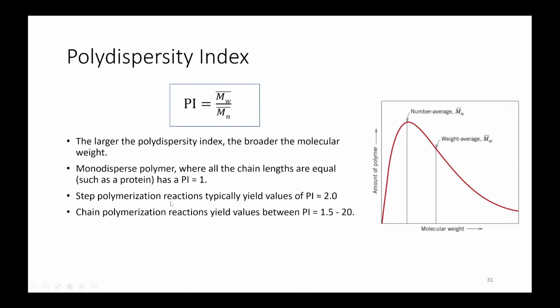Step polymerization typically yields values of PI equal to 2, and chain polymerization can vary between 1.5 to 20. Now this is how the distribution of chains varies with molecular weight.